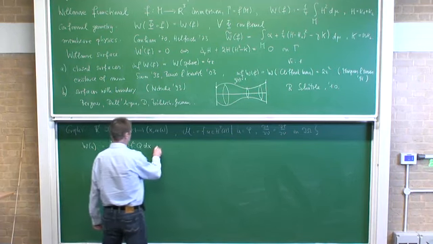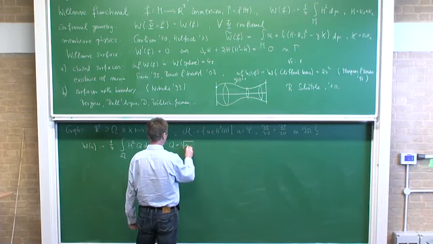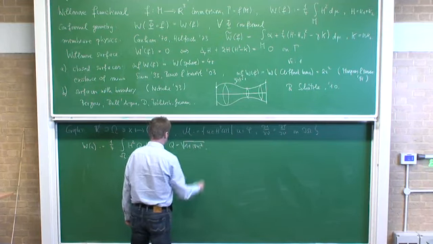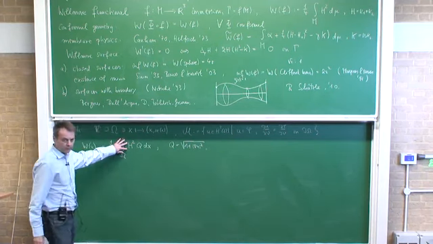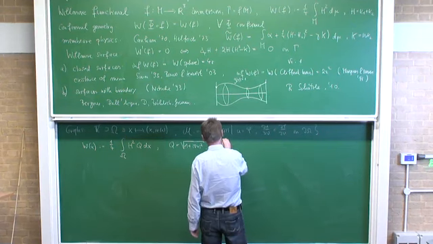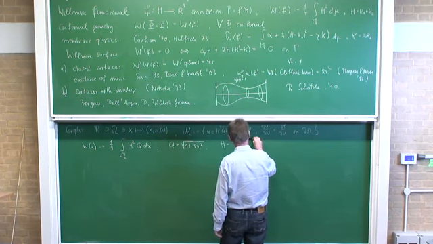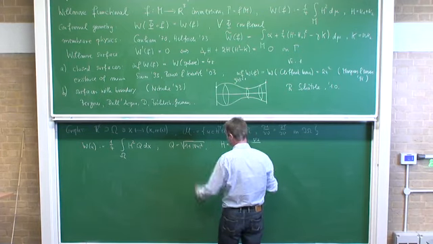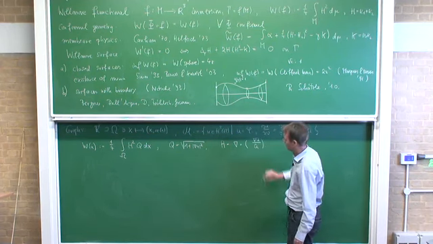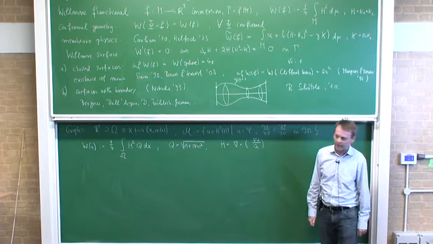So Q is for the graph, the area element is given by the square root of 1 plus gradient u squared. That's well known, and the mean curvature for a graph can be written down as follows with my convention that it's the sum of the principal curvatures. It's the divergence of gradient u divided by the square root of 1 plus gradient u squared, so divided by Q. So this is the Willmore functional for a graph.